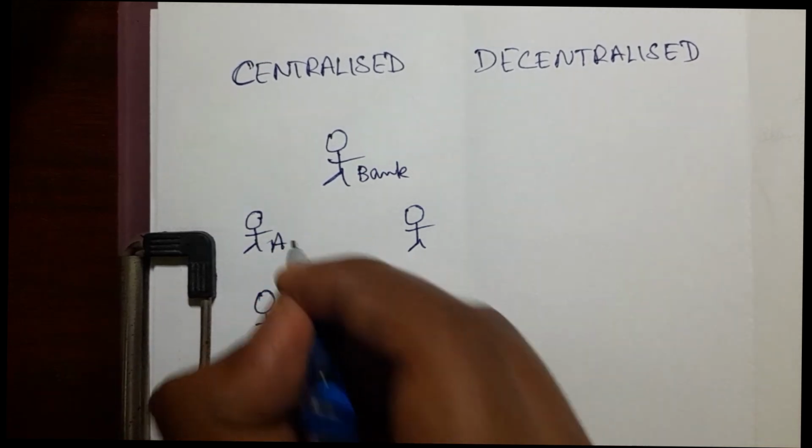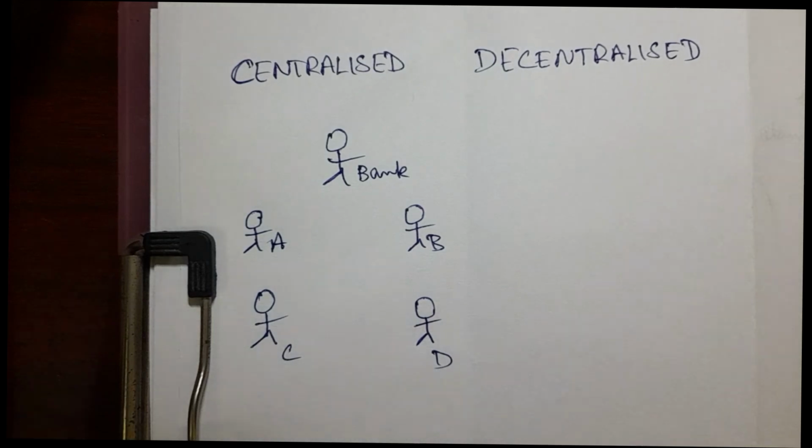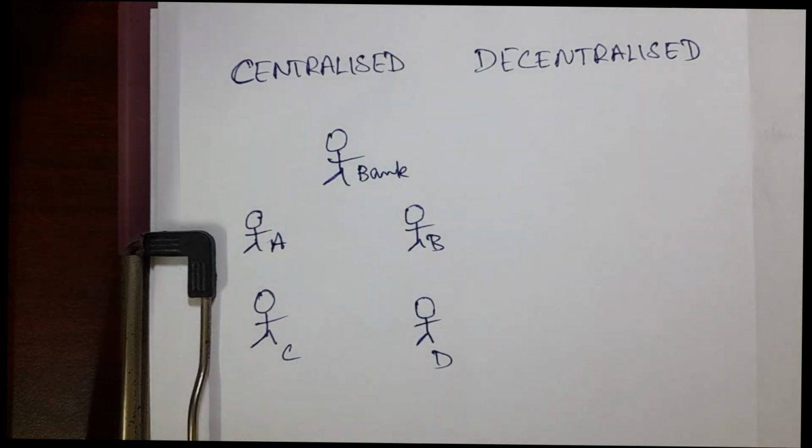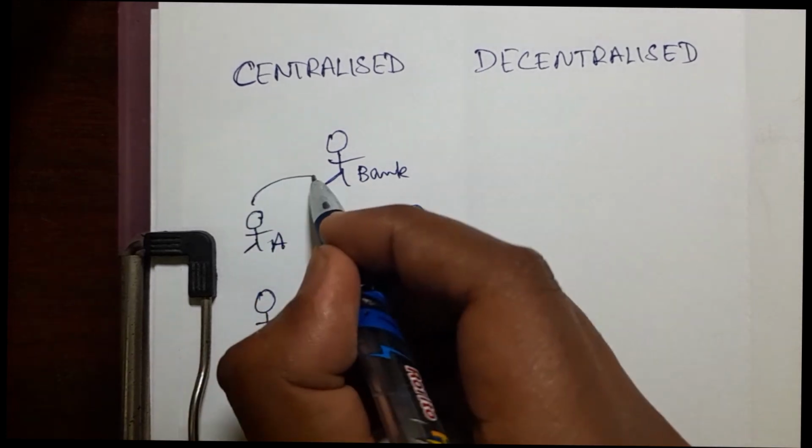So this guy is A, B, C, and D. If A wants to send an amount of 100 to B, he will send it through the bank.